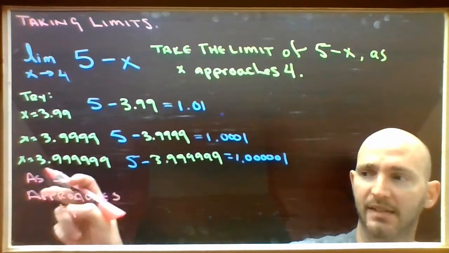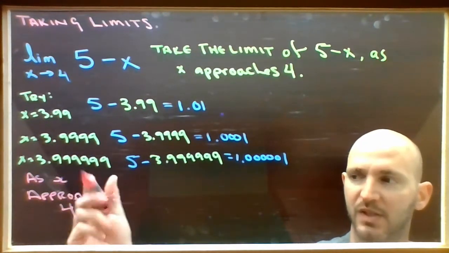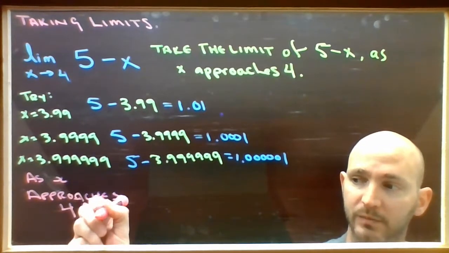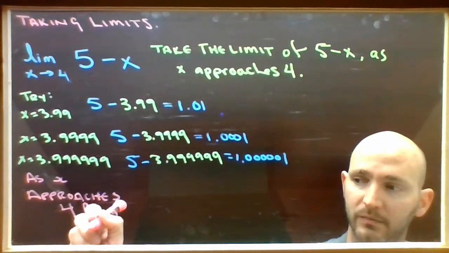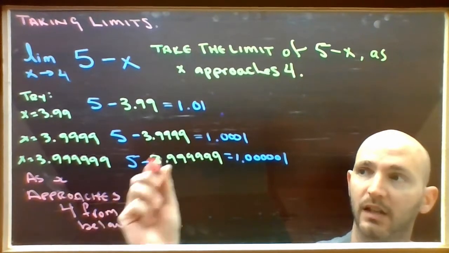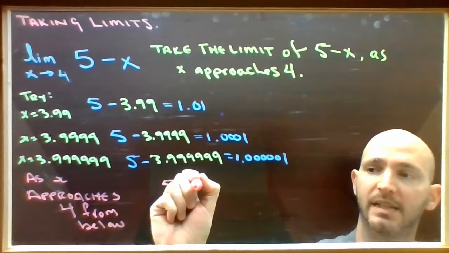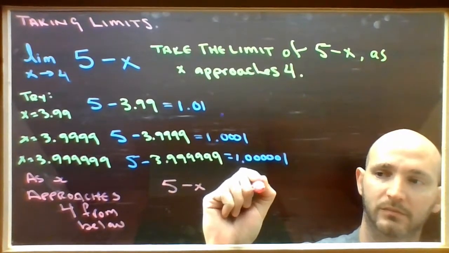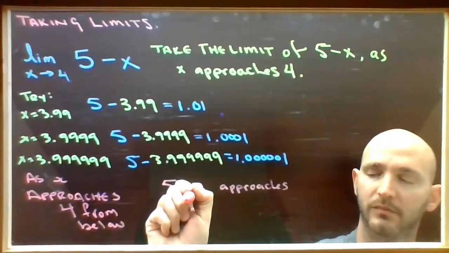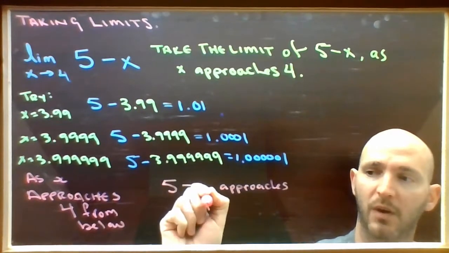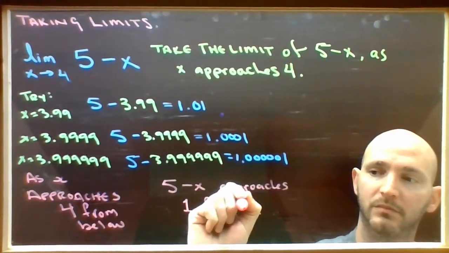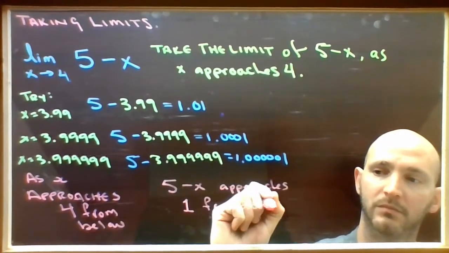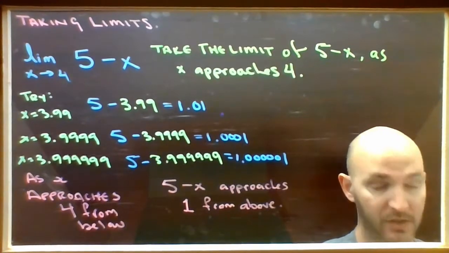So as x approaches 4 from below, 5 minus x approaches 1 from above. So there, you've done it.